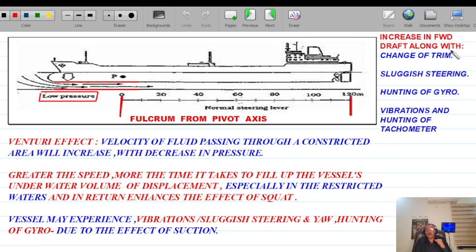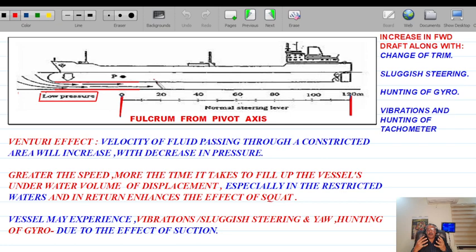Increase in the forward draft along with the change of trim. Do not undermine the effect of change of trim. In case you are in a depth ratio of 1/2, that is what I explained earlier, that is, in case your draft is 10 meters and depth is 20 meters, of course you will experience a pronounced effect of squat by the head.